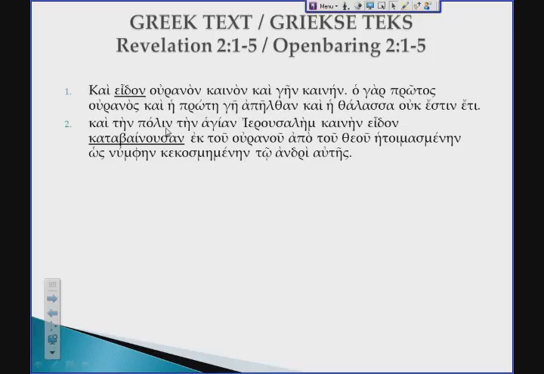Okay, so it's described. It's a holy city, and I saw a holy city. And what is this holy city? It's a new Jerusalem. Good. So, and I saw a holy city, the new Jerusalem, doing what?